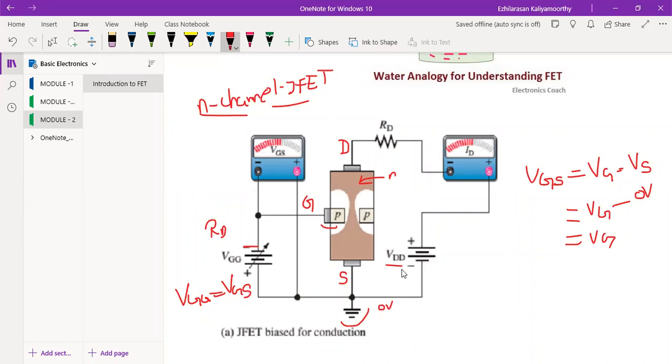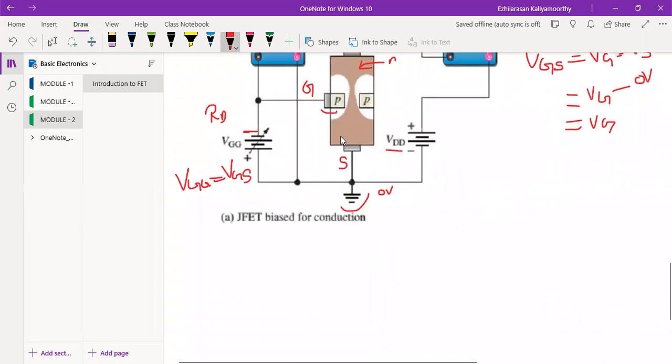Always, we have to be very careful: the JFET is always operated with the gate source PN junction reverse biased. The reverse biasing of the gate source junction with a negative gate voltage produces a depletion region along the PN junction.